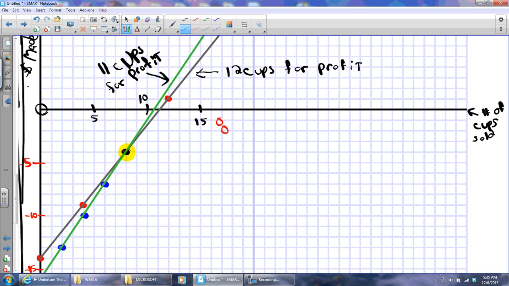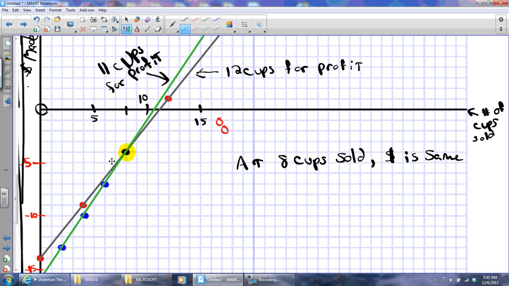I may not write it out on here, but this is 6, 7, 8. Okay, at 8 cups sold, money is the same. See, both of them have lost $4 when they've sold 8 cups.